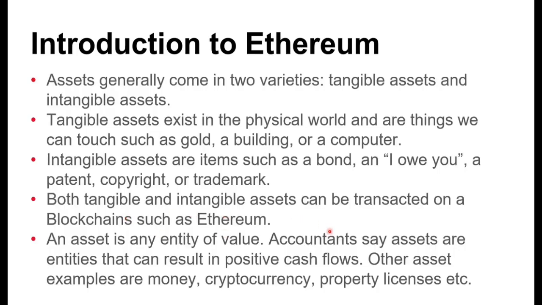Both tangible and intangible assets can be transacted on a blockchain, and we can use Ethereum for that. An asset is an entity of value. That is the definition. Accountants say that assets are entities that result in positive cash flows for the owner. Money, property, these are all examples of assets.